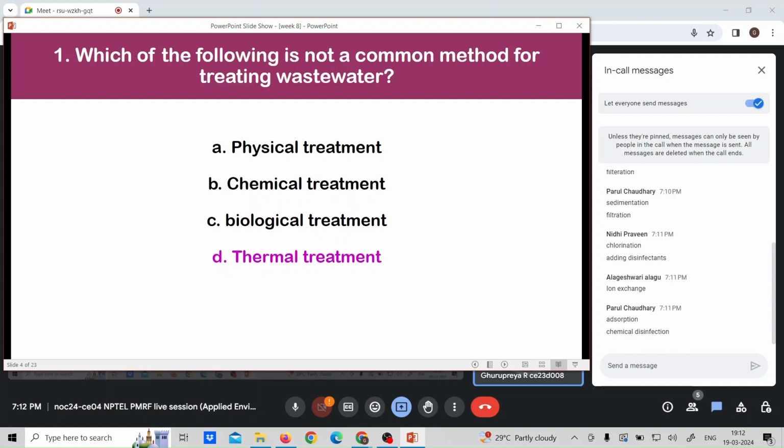Chemical disinfection. Okay, right. So you all are aware of a few physical and chemical methods that are used for water and wastewater treatment. So where do we generally use physical treatment? Generally wastewater treatment has three stages, right? I think you are aware of the primary treatment, the secondary treatment, and the tertiary treatment, right?